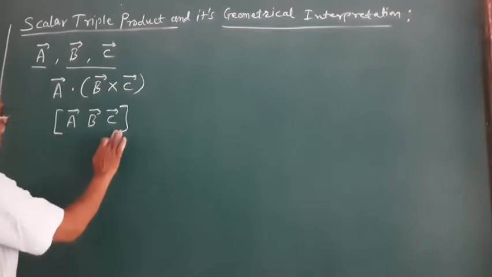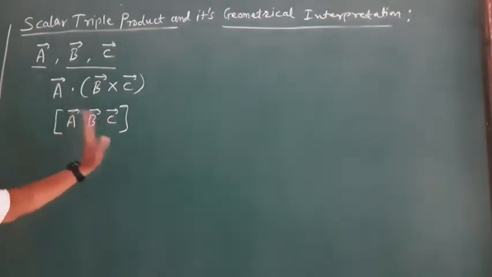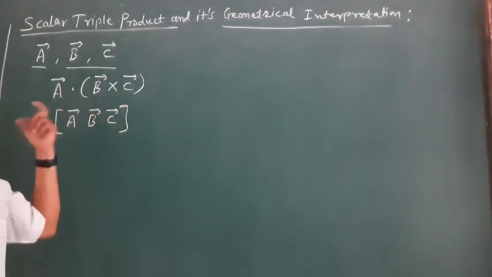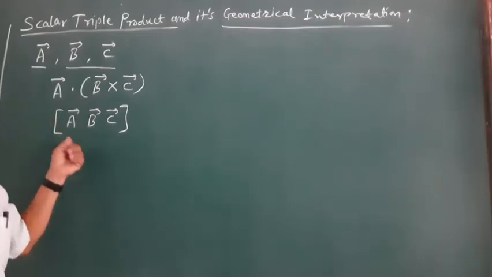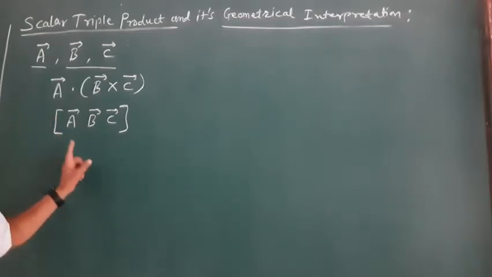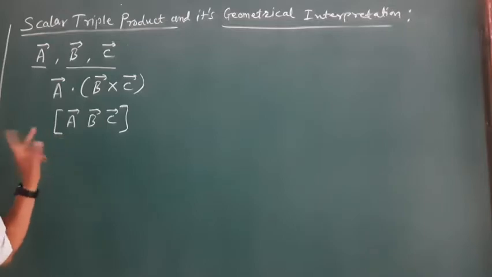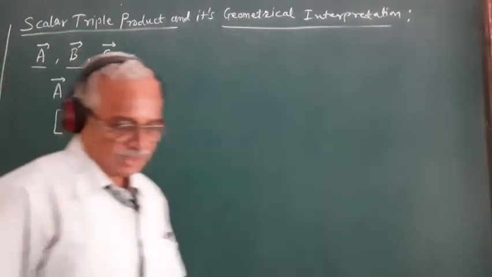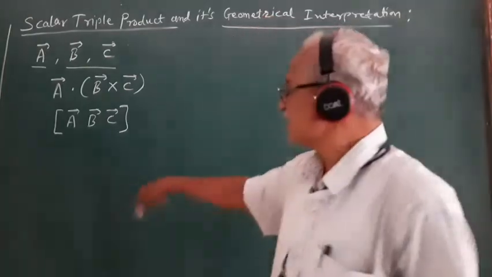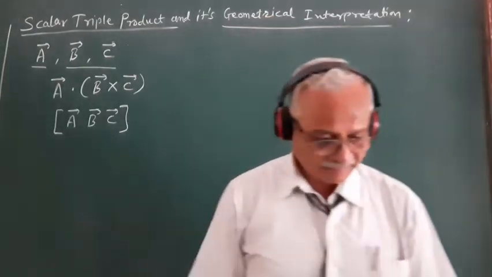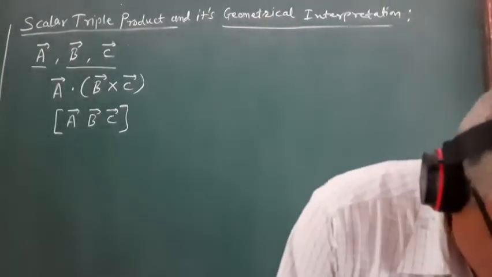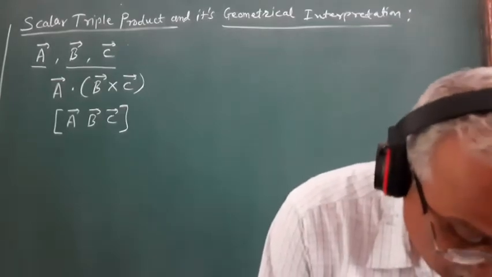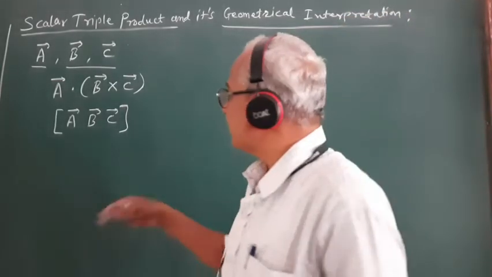If we represent the three vectors A bar, B bar and C bar in this square bracket, it means that this is the scalar triple product of the three given vectors. In notation, it is represented like this.